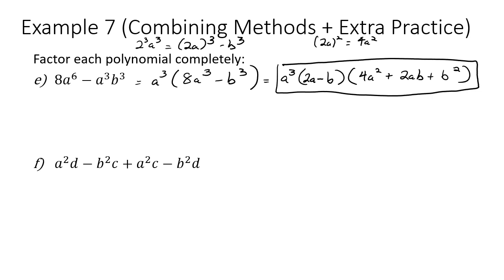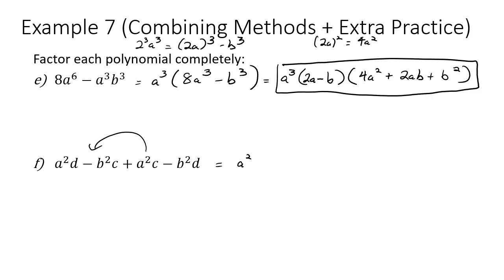For part F, once again, there's nothing in common between all four terms here. You've got a's and d's in the first, but even in the second one, there are no a's, there are no d's. So there's nothing in common between all four terms. Instead, especially when you see four terms like this, that's a hint that factor by grouping is probably what you're looking for. So this is a factor by grouping problem, but I'm going to rearrange things again to make it match up.